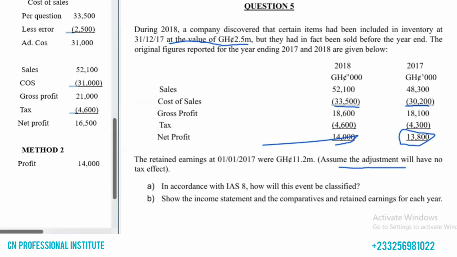Then we add the error, and you know why we are adding? We said we are adding the error because the error has increased cost of sales, and when cost of sales is increased, profit reduces. So you have to add it back to the profit.